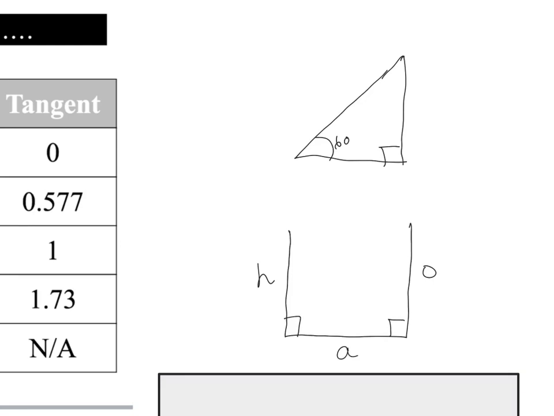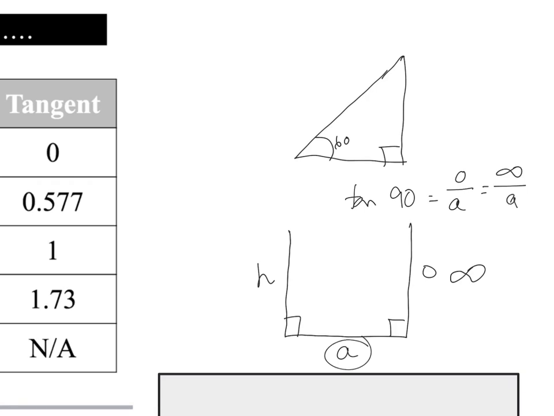Now, if we think about what the length of this line is, the opposite, well, this is never going to meet the hypotenuse because they're parallel to each other essentially, because these two angles are 90. So if this opposite value goes on forever, then essentially that value is infinite. And so what we'll get is tan of 90 equals opposite over adjacent, which equals infinite over whatever value a is.